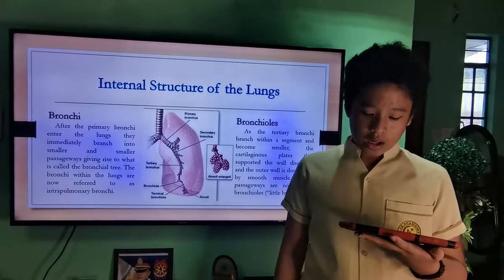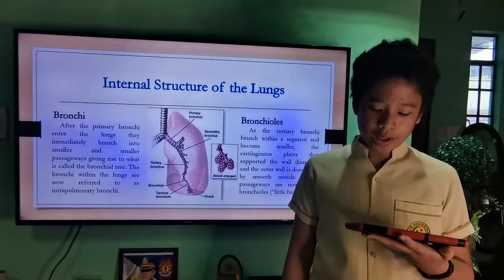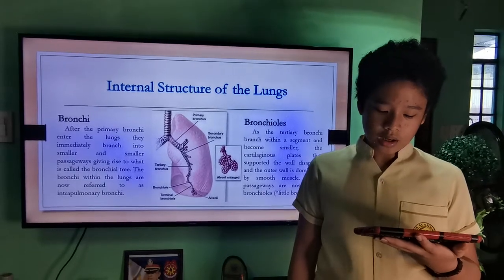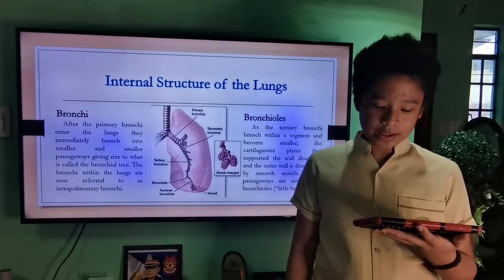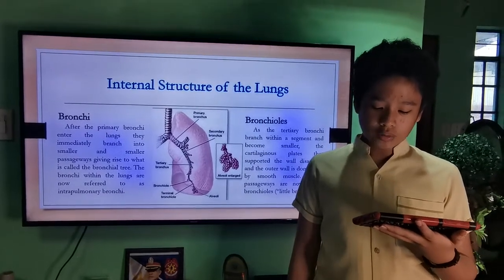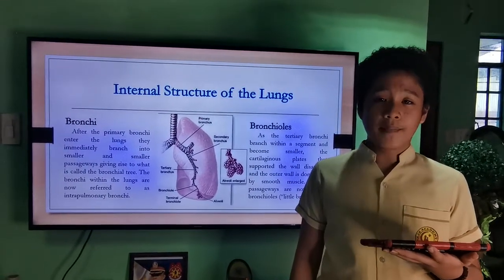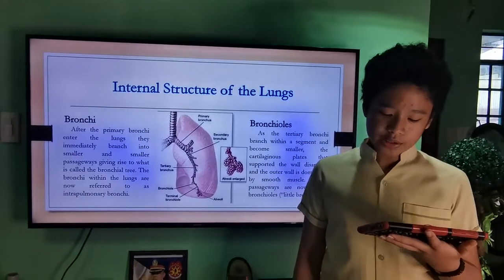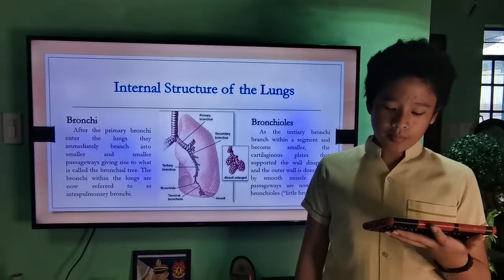Bronchioles. As the tertiary bronchi branch within a segment and become smaller, the cartilaginous plates that supported the wall disappear, and the outer wall is dominated by smooth muscle. These passageways are now called bronchioles.